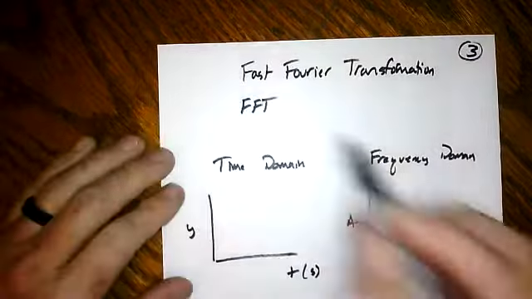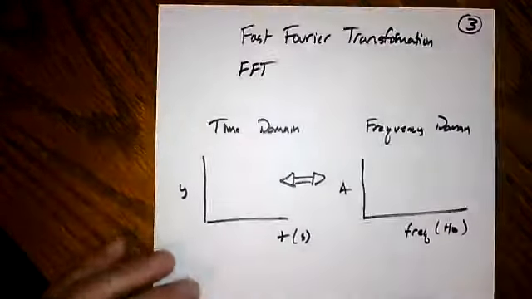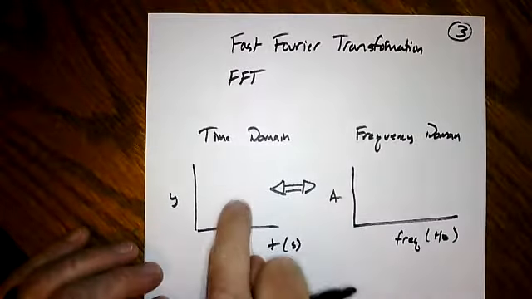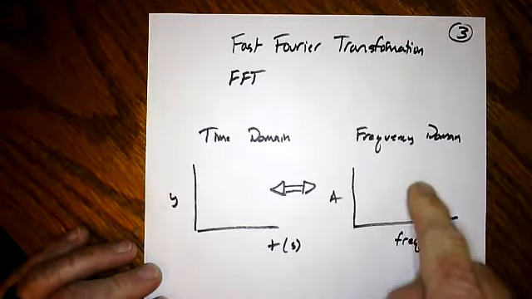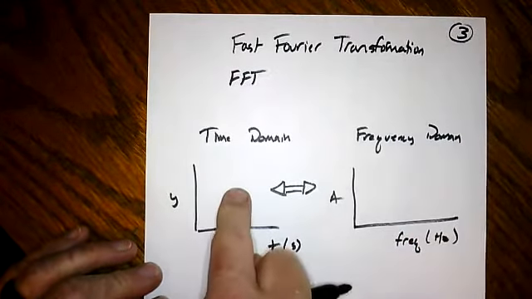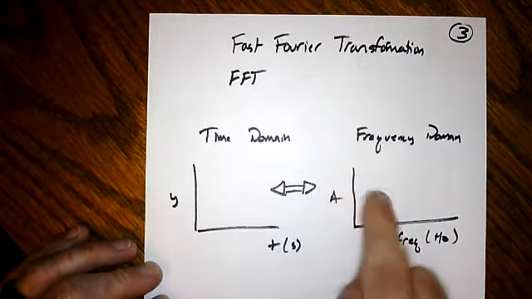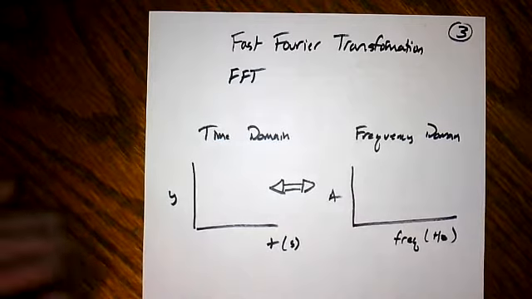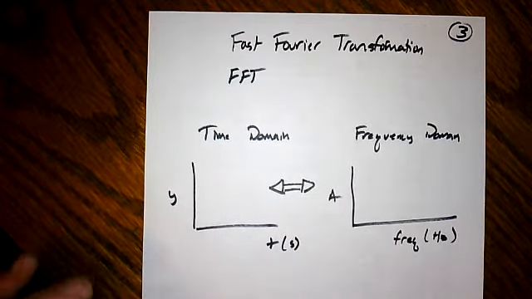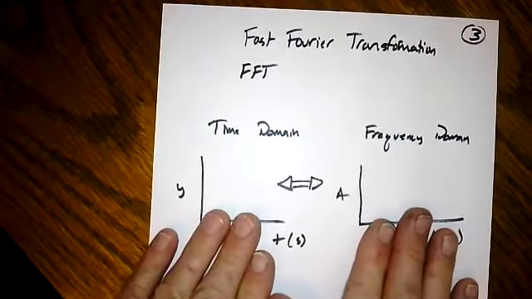What this transformation states is that these two analyses are interchangeable. If I have time domain data, I can get frequency domain data. If I have frequency domain data, I can get time domain data. They're the same information. They're equivalent to each other. There's nothing special about either one of these.